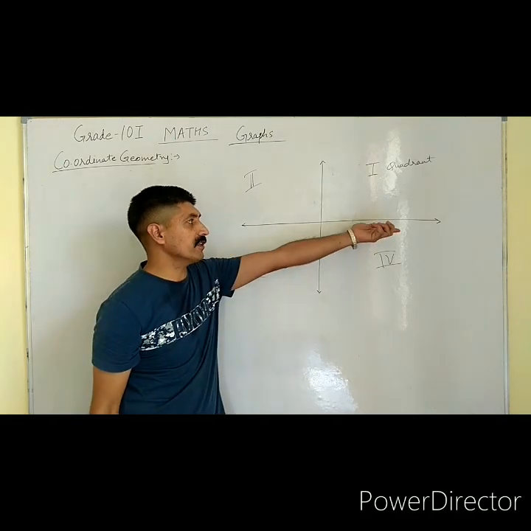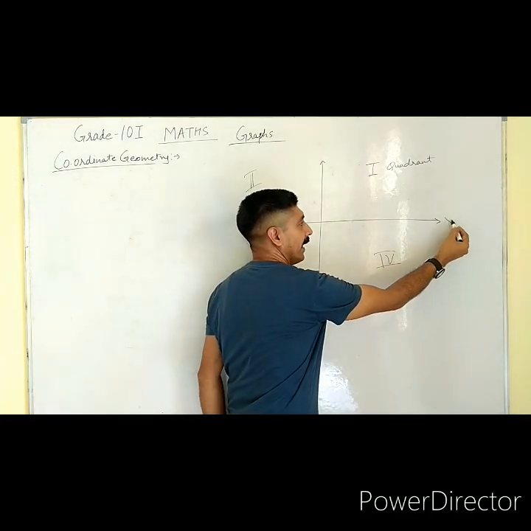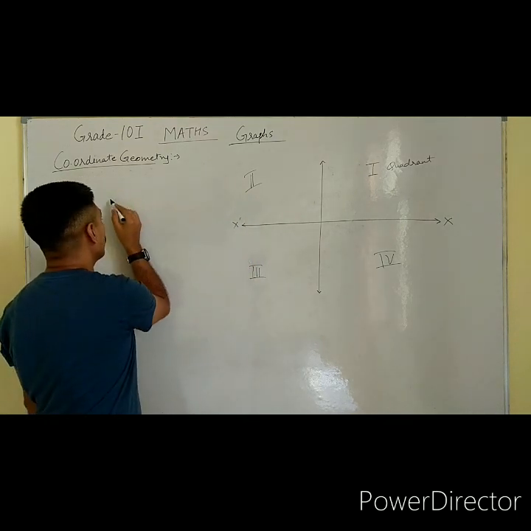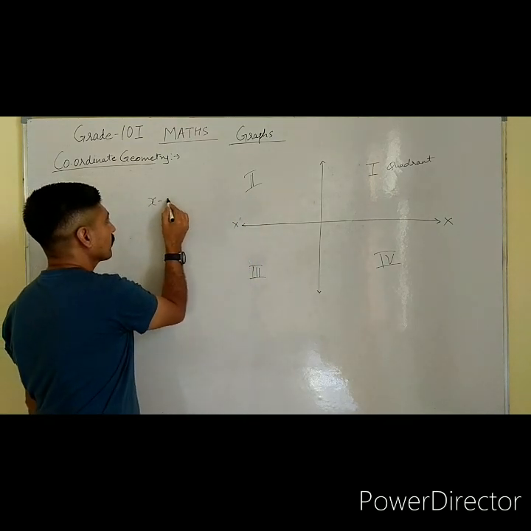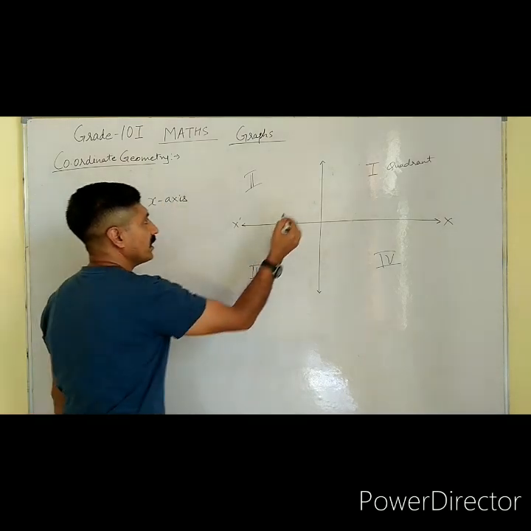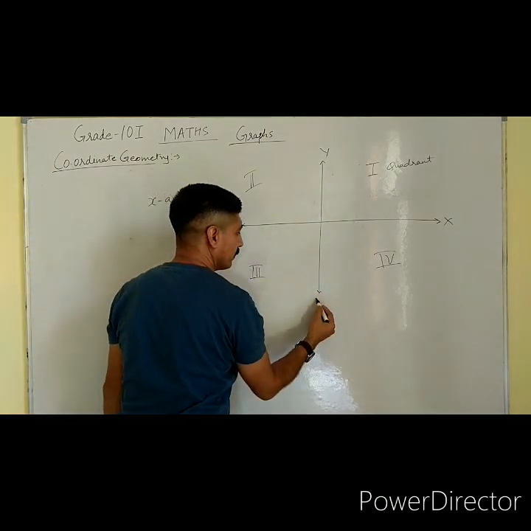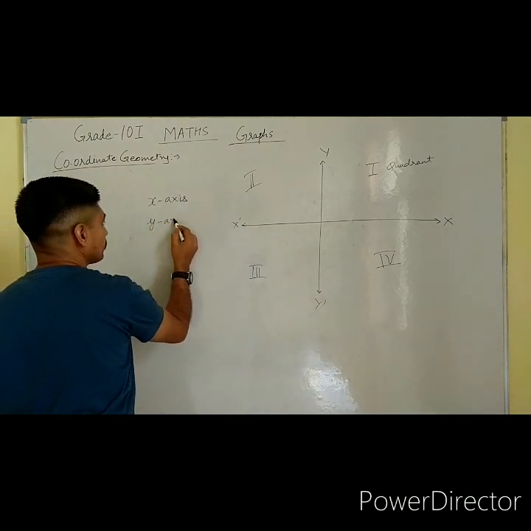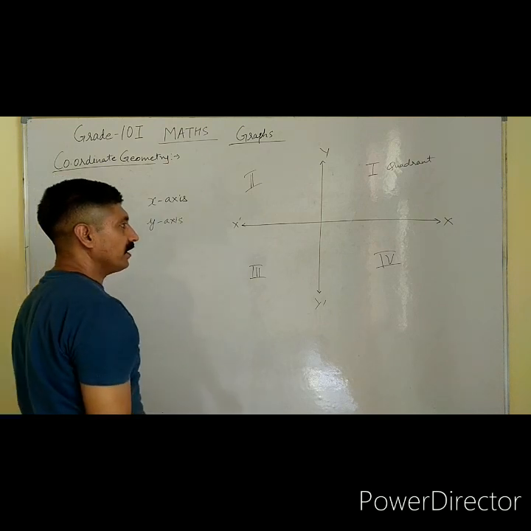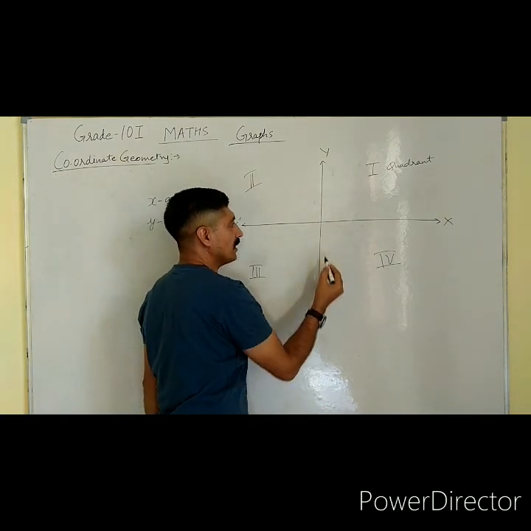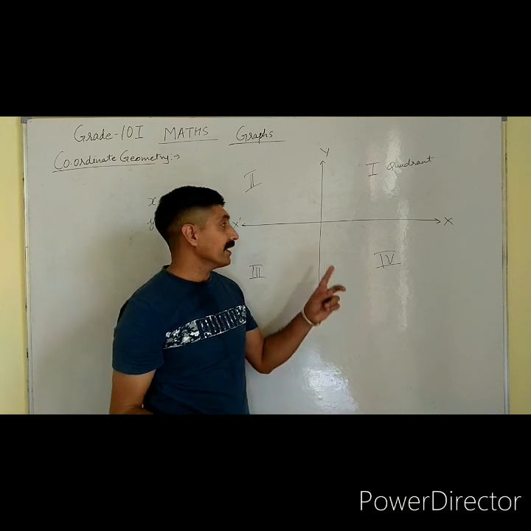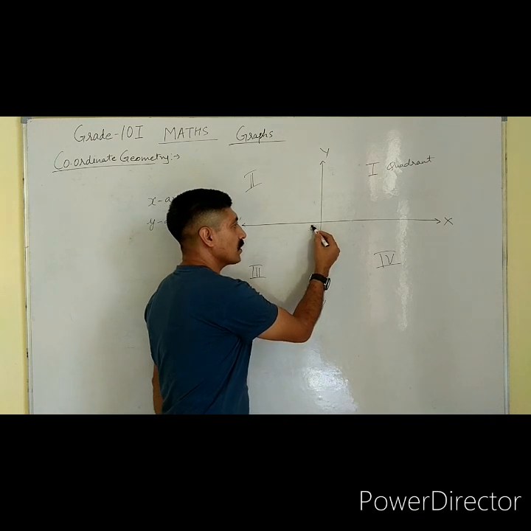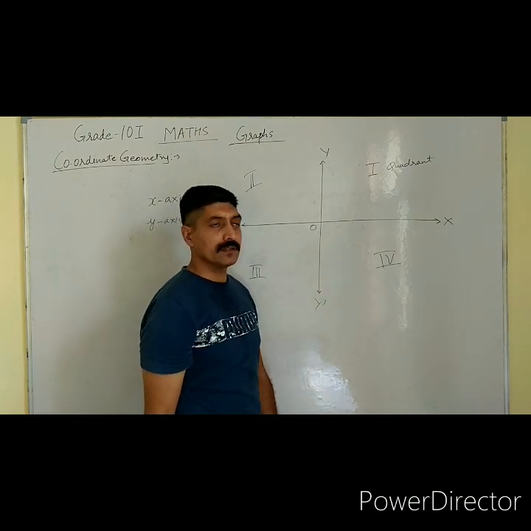So here this horizontal line is called x dash. X dash is your x-axis, whereas the vertical line y dash is your y-axis. Where these two mutually perpendicular lines intersect each other or bisect each other, this point is called O, or called origin.